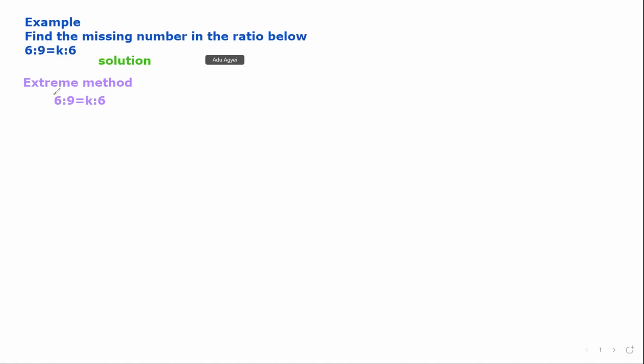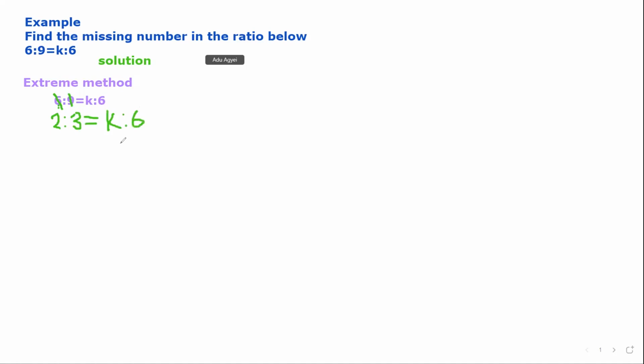So 3 goes here: 6 divided by 3 is 2, and 9 divided by 3 is 3. Then you have the other side, K to 6. Good.